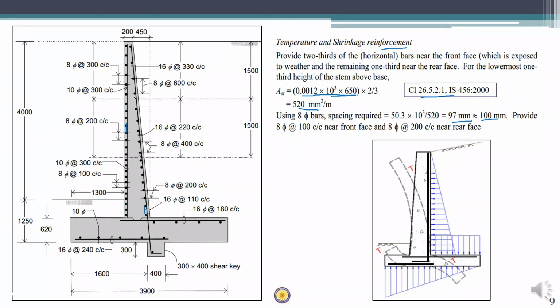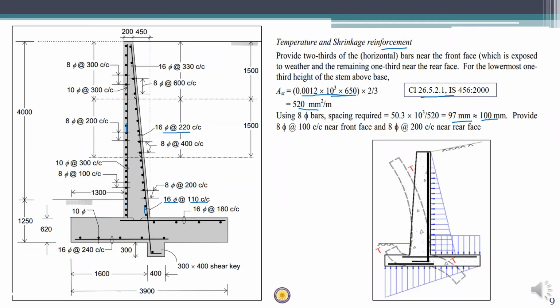In the bottommost part full reinforcement is given, which means the vertical main flexural bars which were 16 mm bars at 110 center to center. When we come to the second portion, alternate 1 bar is removed, which means that the spacing increases by double.